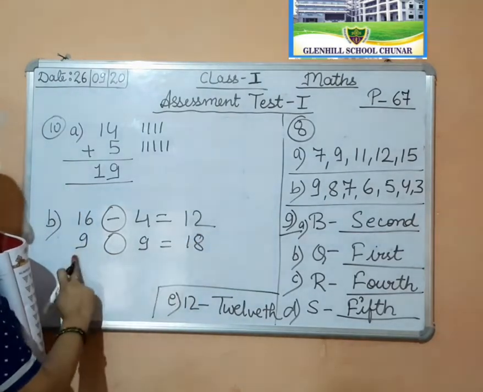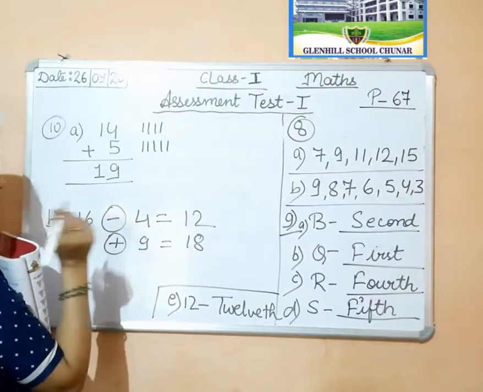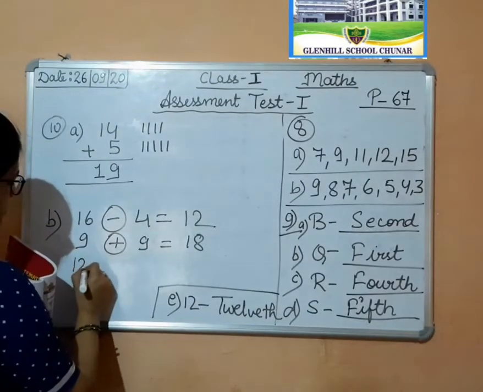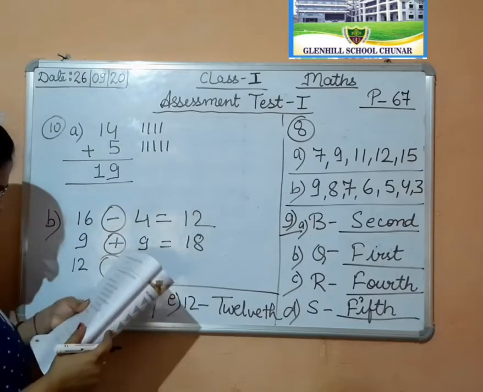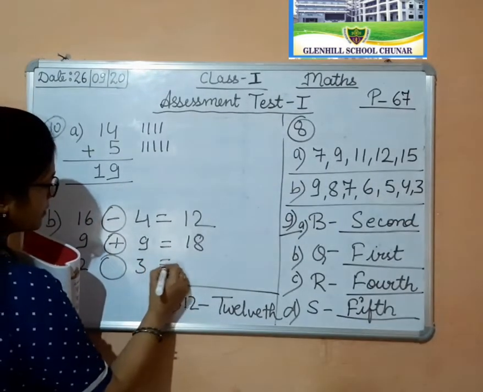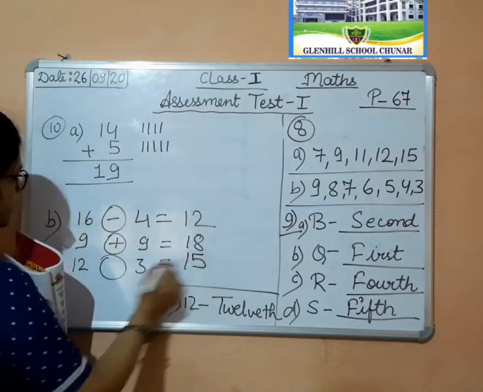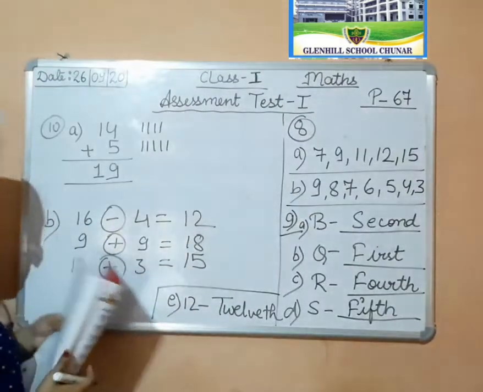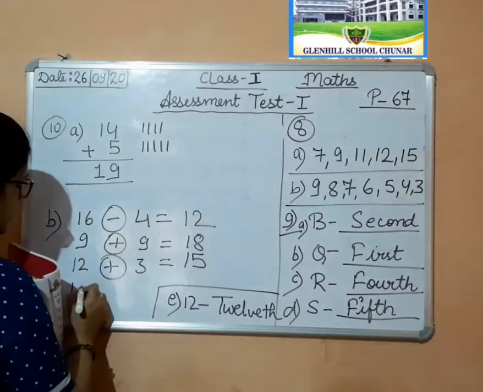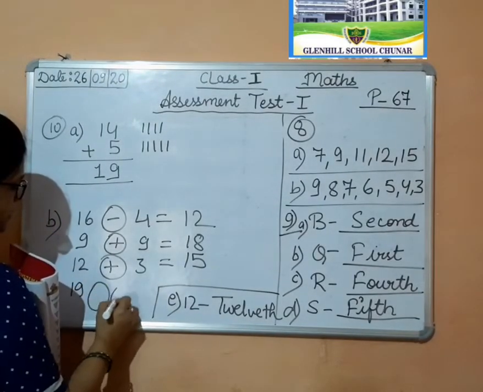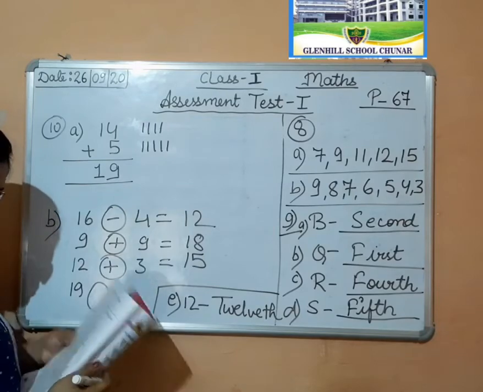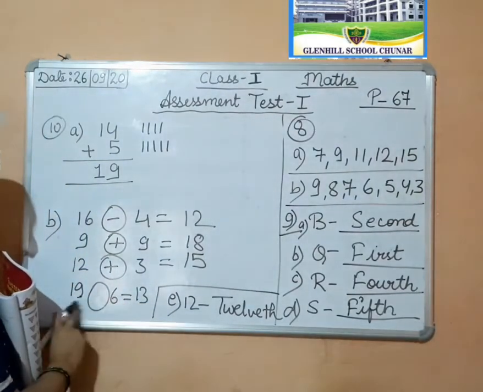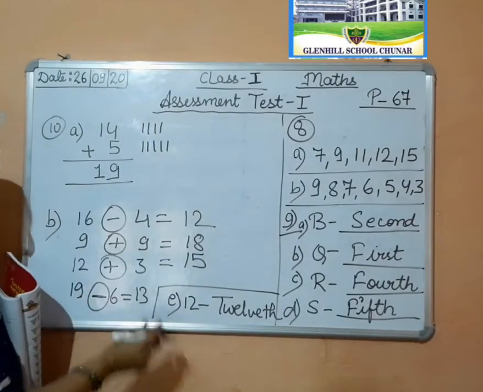This number is more than this number, so here you have to put the plus. Then 12 circle 3 is 15. 15 is more than 12, so here you have to put the plus. Then 19 circle 6 is equal to 13. So 13 is less than 19, so here you have to put the minus.